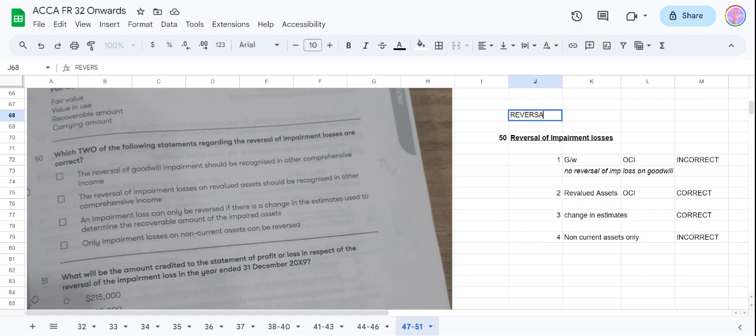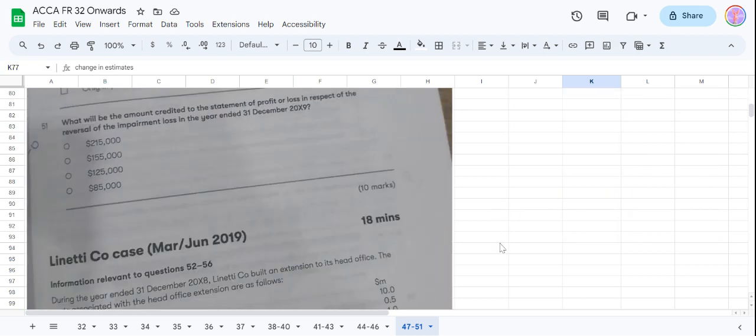We need to focus on when it happens and when it does not. On goodwill, we can't reverse. On revalued assets, it goes to OCI, and reversal is only possible if there is a change in the estimates used to determine the recoverable amount of the impaired assets.